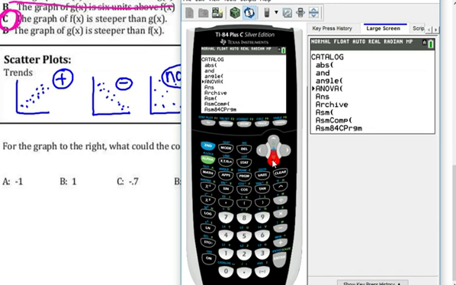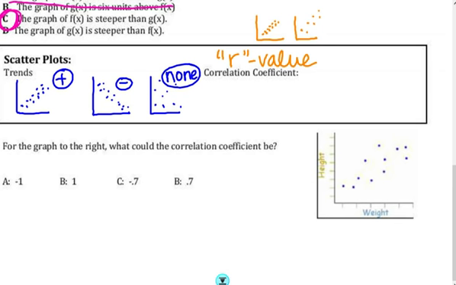However, if you scroll down to diagnostic on and hit enter, it'll say done, and that tells you that you turned it on. So you have to remember that. You can write this down if you need to. So second zero, diag on, diagnostic on.